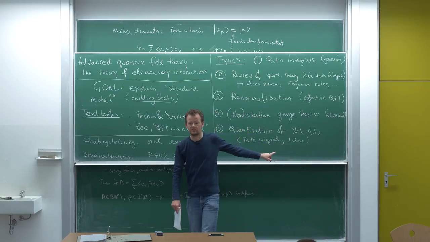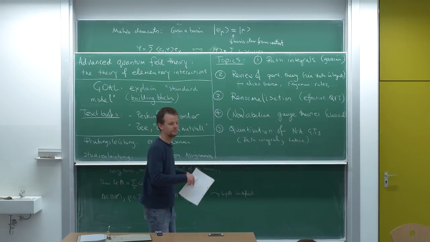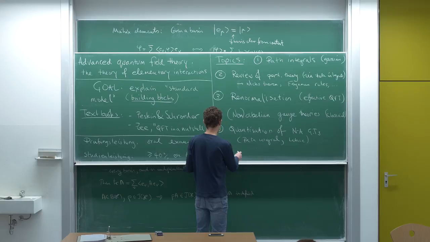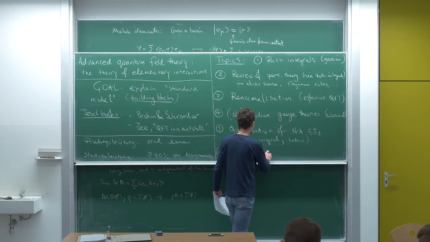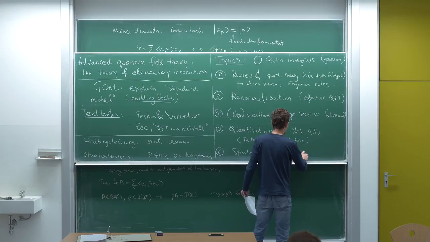This should be a lot more satisfying, and this is in fact how we do calculations at the moment for non-perturbative stuff. And then our last topic will be spontaneous symmetry breaking.